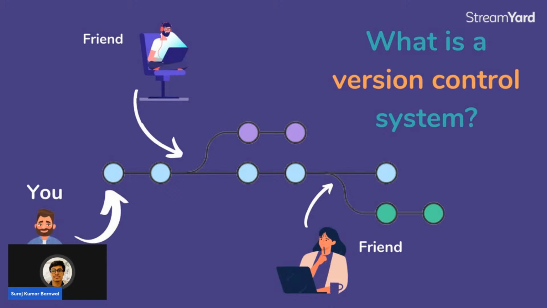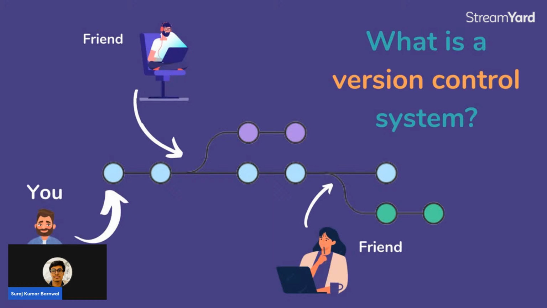Also, you will be able to work on your own branch without anyone interfering with it. And during this process, let's say another friend comes and she tells you that I also want to work in your project and let's collaborate to make your project more robust, maybe. Then she also starts making her own branch and working on her own version or own branch of the project.